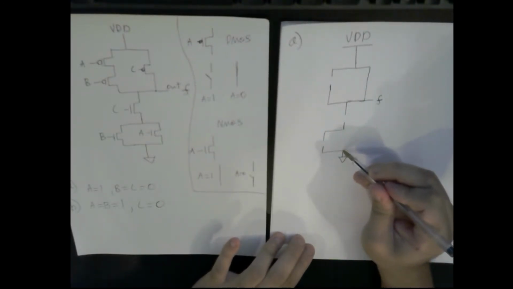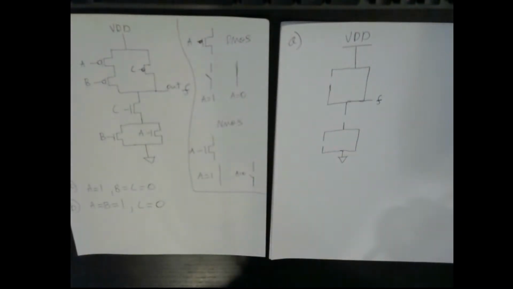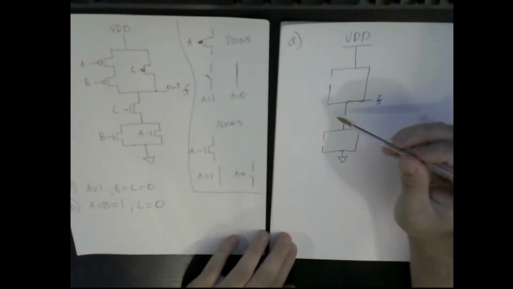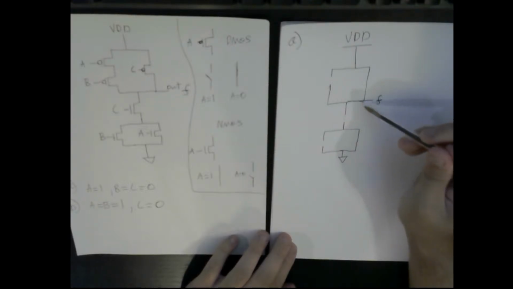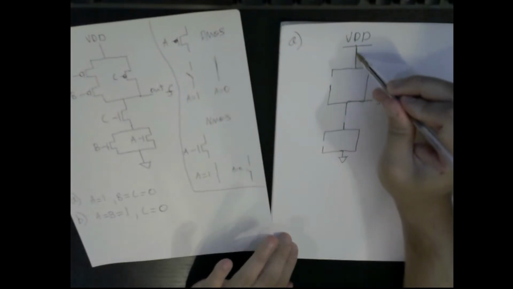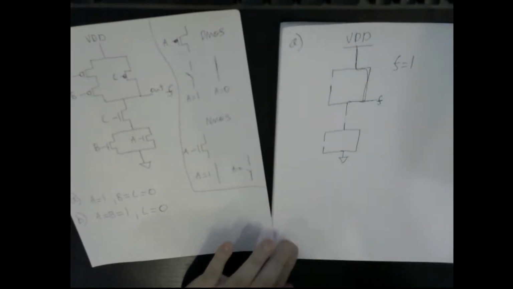And A is equal to 1, so it's going to close right here. So what is F going to be? Well, since C is open here, there's no way ground could get to this node. So there's no way this can be connected to this. But here we have a direct path to VDD. So this means F is going to equal 1 in this case.